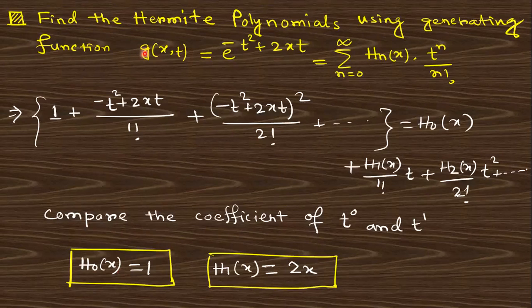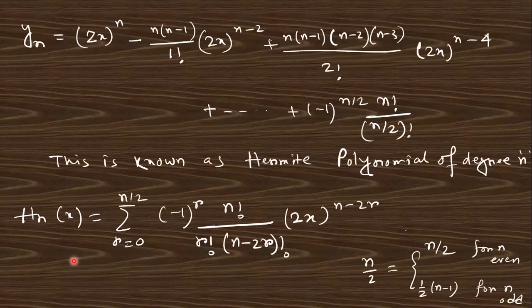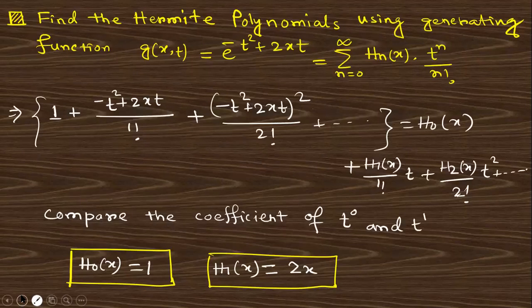Now we need to find the Hermite polynomial using the generating function. Using the generating function we can also find the Hermite polynomial. Previously we found the Hermite polynomial using the polynomial relation, and now this generating function also helps us to find the Hermite polynomial. So just put the expression value, that is, put n equals 0, 1, 2, and express the exponential in an infinite series, and this summation also in an infinite series.